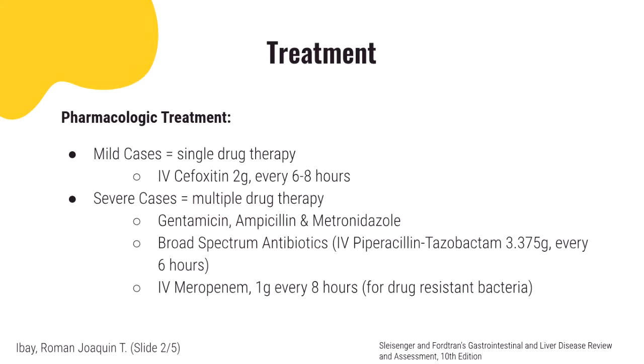Usually it's given because there is a gram-positive and gram-negative coverage and anaerobic coverage. For severe cases, based from Schlesinger, multiple drug therapy is usually the modality of choice to prevent resistance, according to the epidemiology, severe cases of acute cholangitis usually have high cases of treatment failure. The first choice of multiple drug therapy is gentamicin, ampicillin, metronidazole.